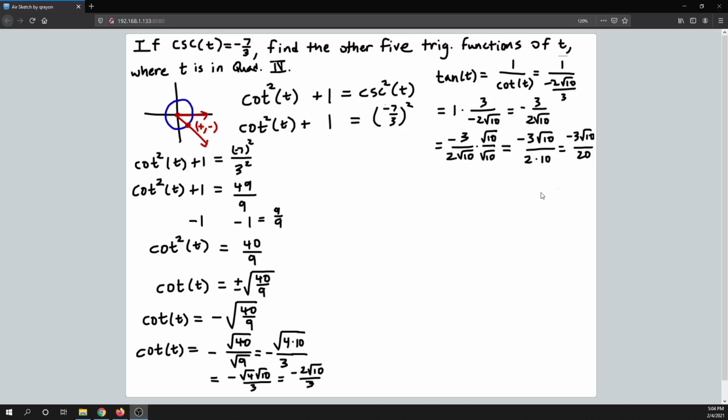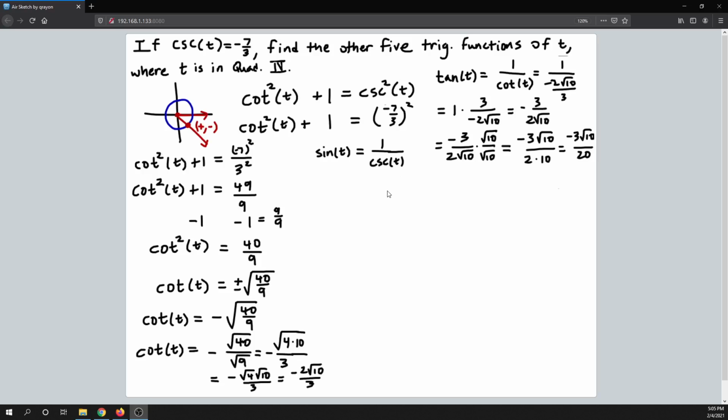All right, another easy one is the sine. So let's go ahead and do that one right about here. The sine would be 1 over the cosecant, because the cosecant is 1 over sine. That means 1 over the cosecant will be equal to the sine.